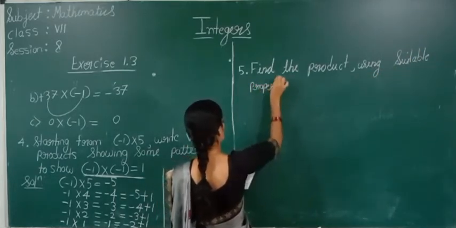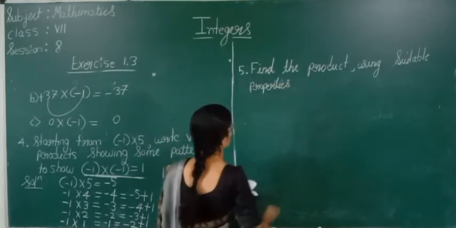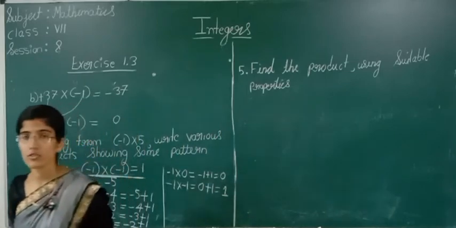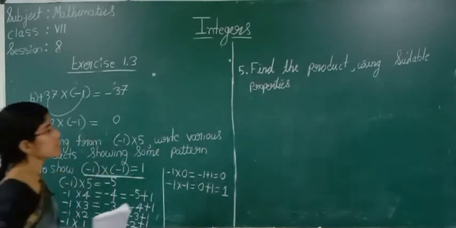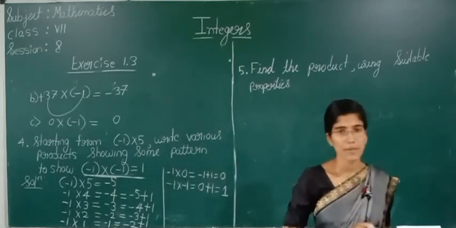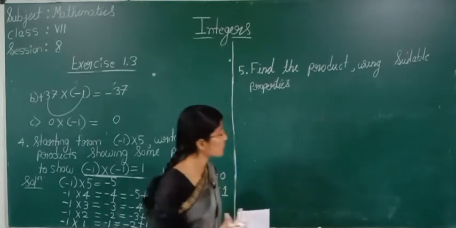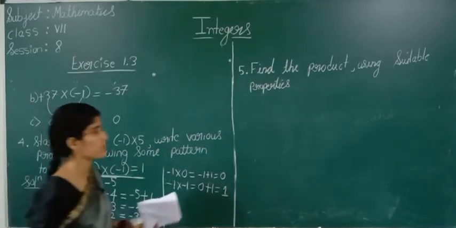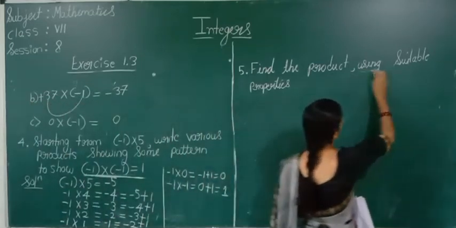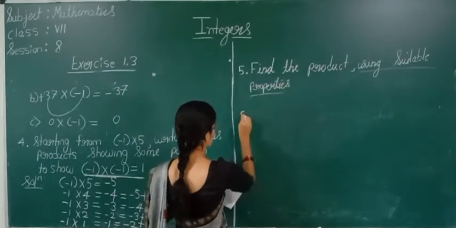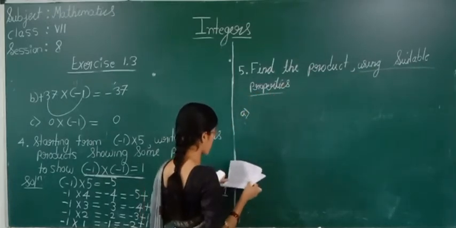We have to use suitable properties here. Okay? By using suitable properties, we have to find the product. If they have given using suitable property, it means you have to use your properties. If they had given only find the product, you can do it directly, no problem. But they have mentioned here using suitable properties. We will see a few questions in the fifth one.